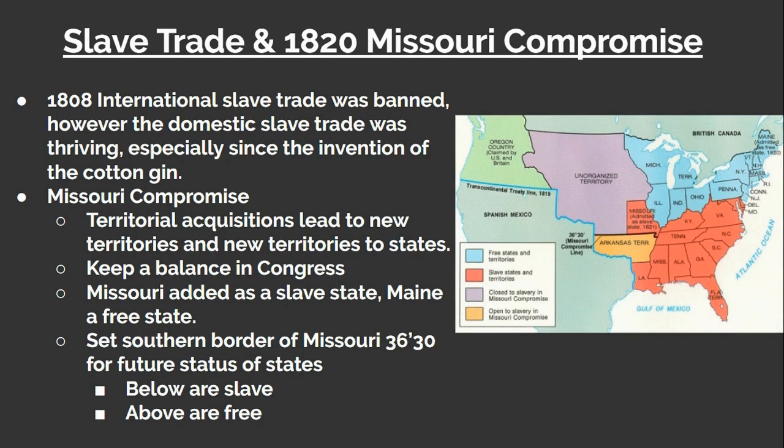In the North, many states in the 1780s and 1790s had actually banned slavery, partly because it was just not a viable means of an economic system in that part. And in the South, they thought the same thing might happen until the cotton gin came around, and it made the production of cotton much more viable.